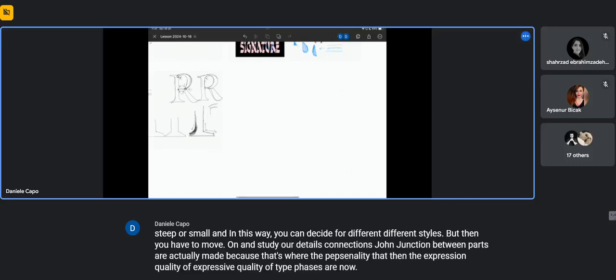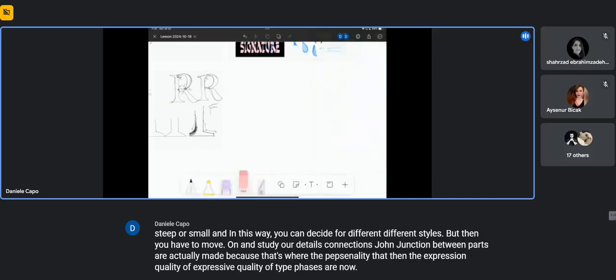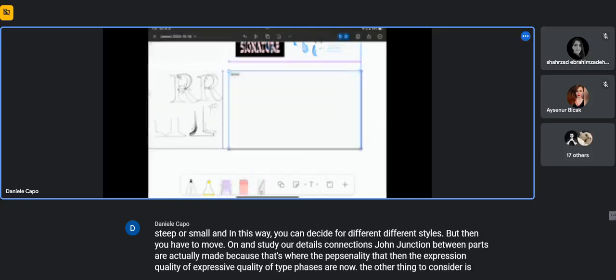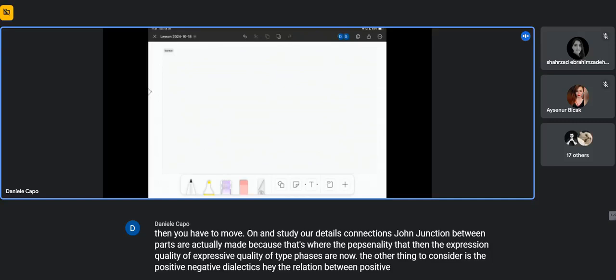Now, the other thing is the positive negative dialectics, okay? The relation between positive and negative.